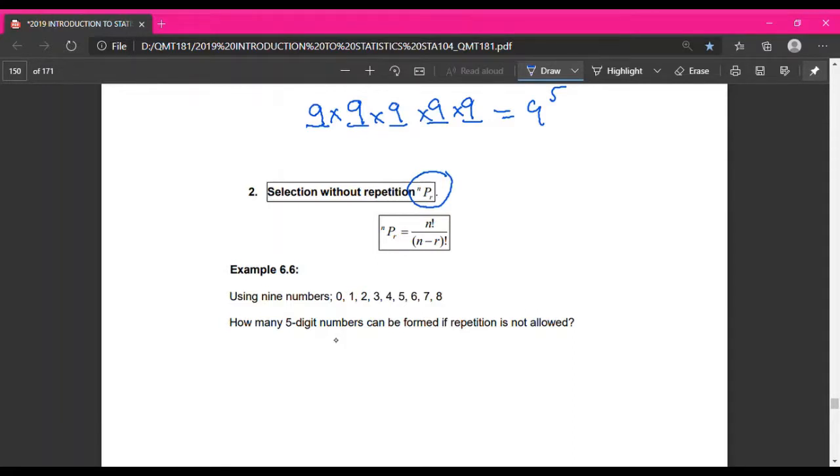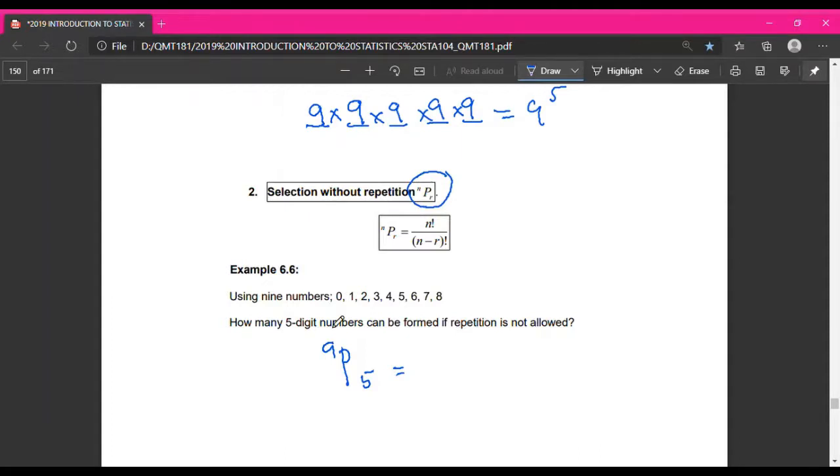Alright. Let's say kita ada tadi 9 numbers, N is 9. Kita nak gunakan only 5 numbers sebab kita nak form 5 digit numbers. Okay. So the formula will be 9P5. This one untuk without repetition. Tak boleh nak repeat. Nak guna nombor hanya sekali sahaja. 9P5.